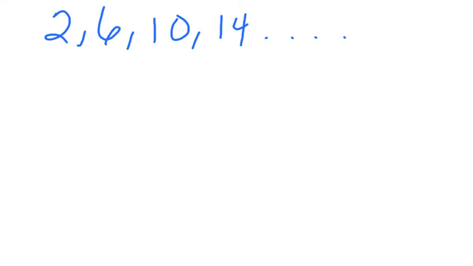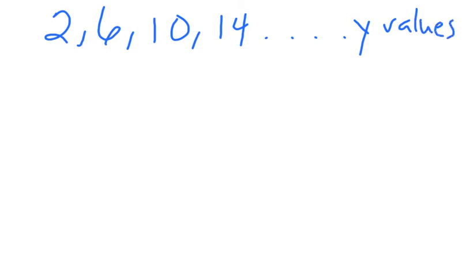Here's the next one. Remember, these are the directions that say find a function that describes each arithmetic sequence. Find a function that describes a sequence. The only way you know to do this is from the directions. When it says that, it means these are the y values.